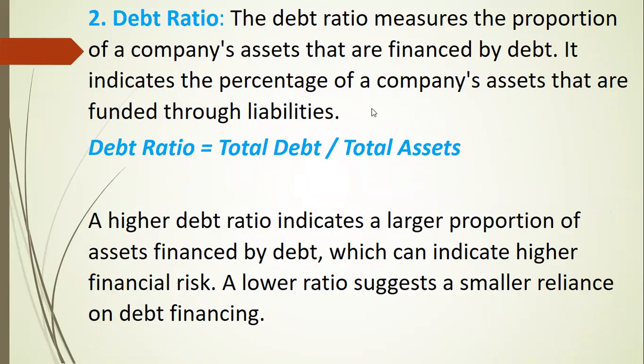A higher debt ratio indicates a larger proportion of assets financed by debt, which indicates higher financial risk. A lower ratio suggests a smaller reliance on debt finance. If the debt ratio is high, there is a higher financial risk, but if it's low, it means you don't rely on debt a lot.